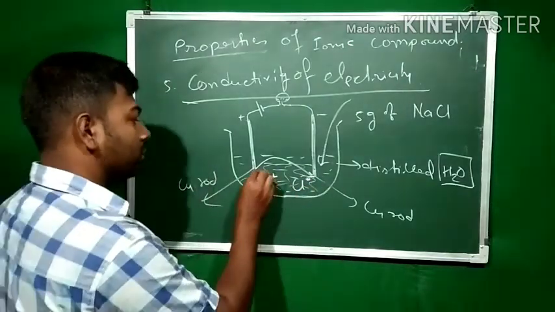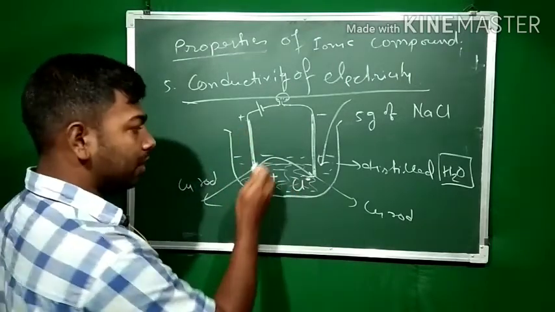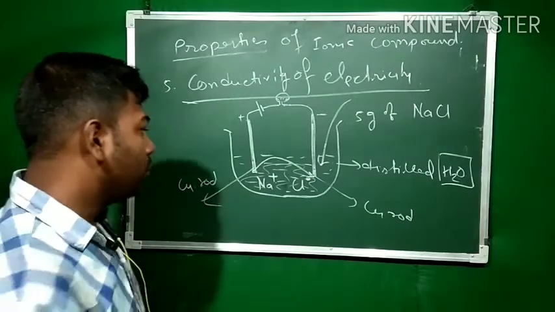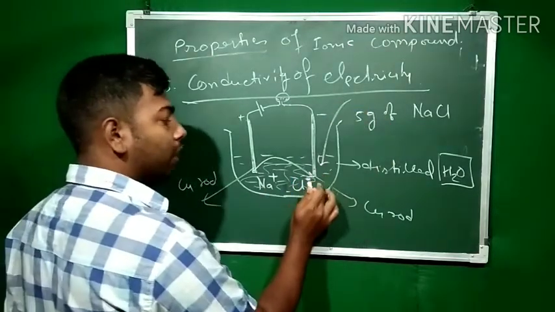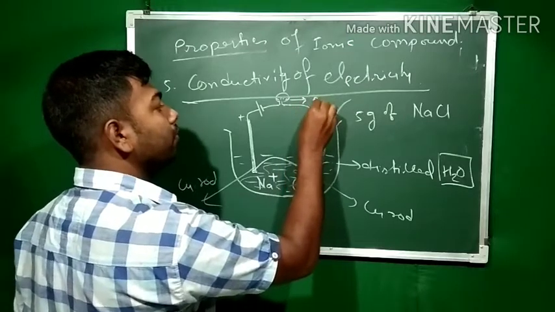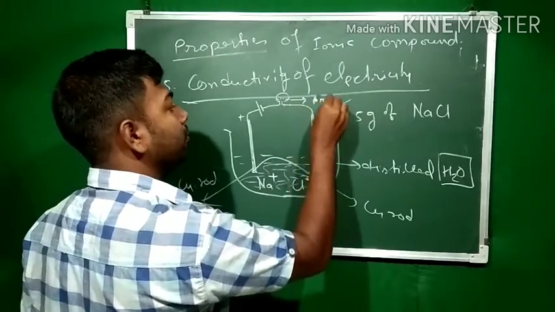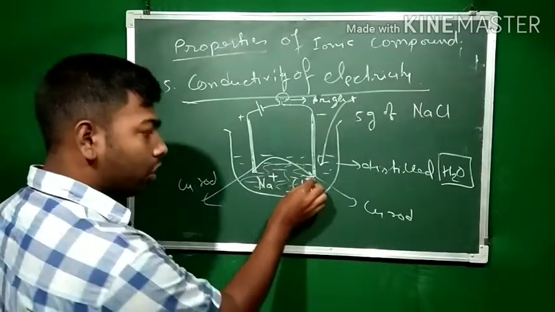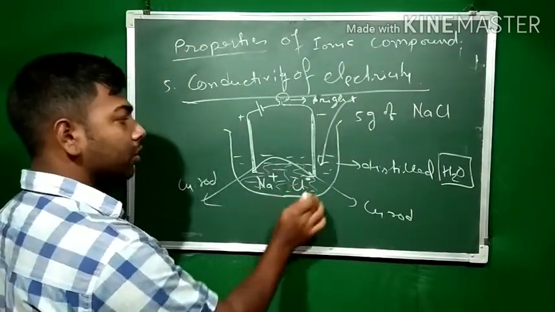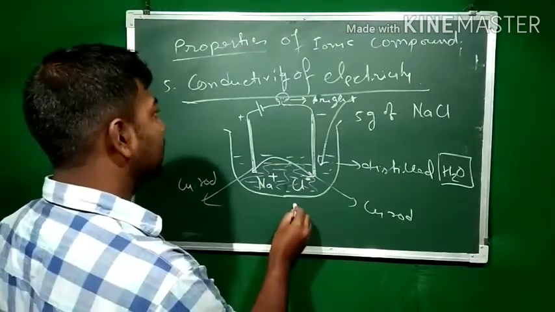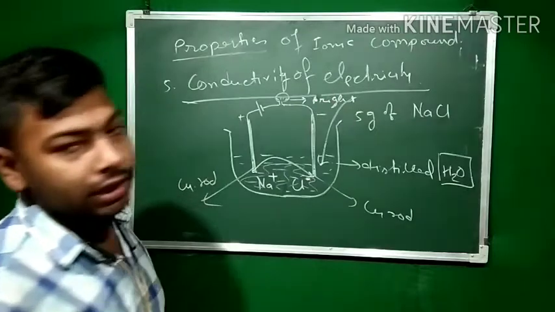If electrons flow from one position to another, this is the name of electricity. That's why when salt is added to water, the bulb will light. That means the salt transfers electricity, and this property is known as the conductivity of electricity.